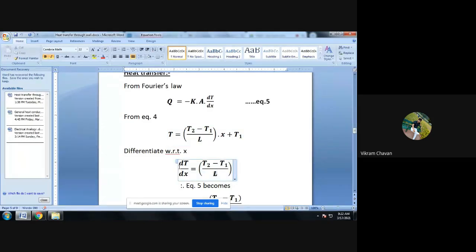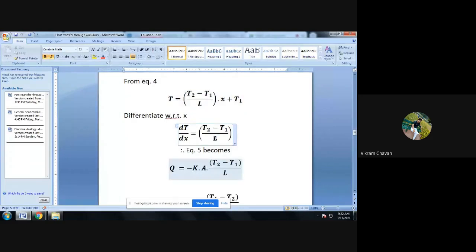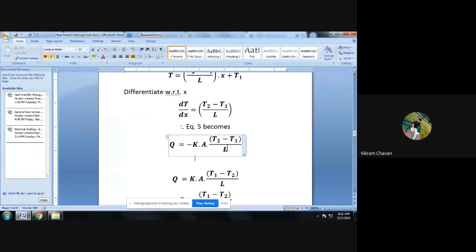Now put the value of dT divided by dx into Fourier's equation. So we will get Q is equal to minus K multiplied by A multiplied by (T2 - T1) divided by L. Next we have to absorb this negative sign inside the bracket.